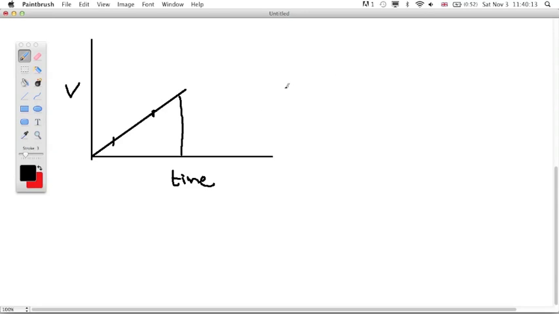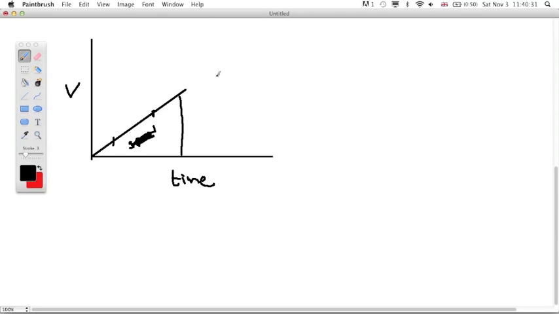So practically the area over here is the speed, distance times time. No, what am I doing? Distance times time is not speed.